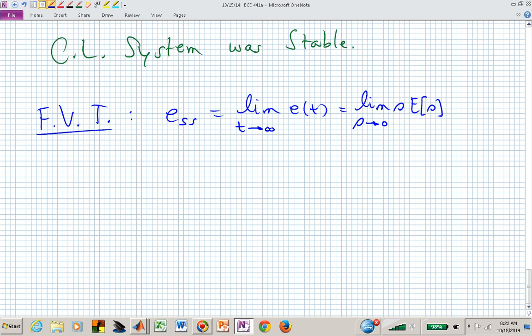And we want the denominator of s e of s to be stable in order to apply the final value theorem.